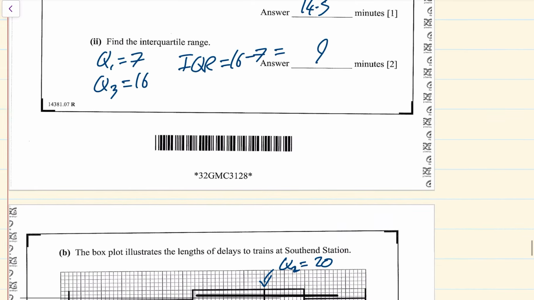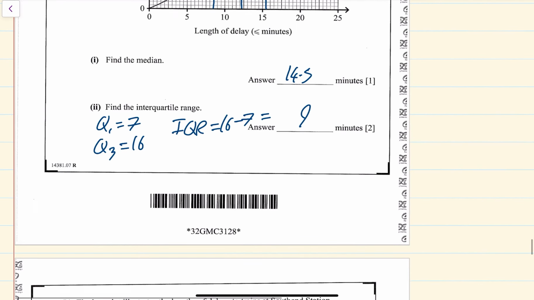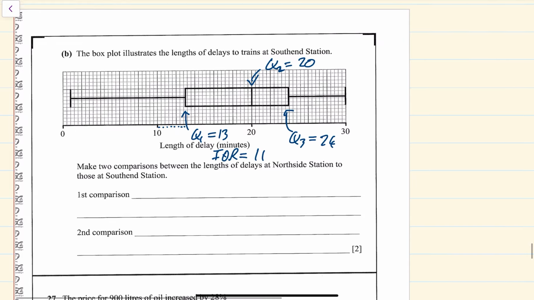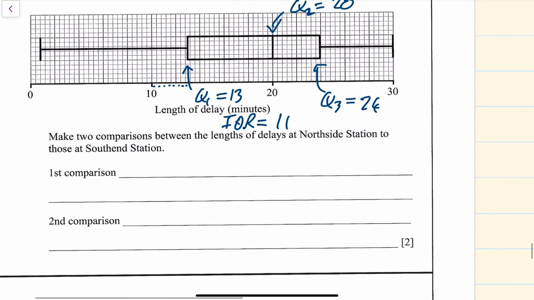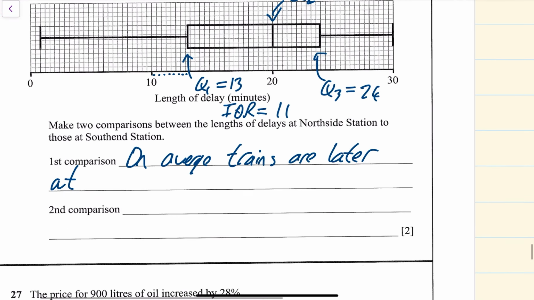Okay, right, let's compare this. The median for the first one was 14.5. The median for the second is 20. So I would just say that on average, trains are later at the second station, which was called Southend Station.